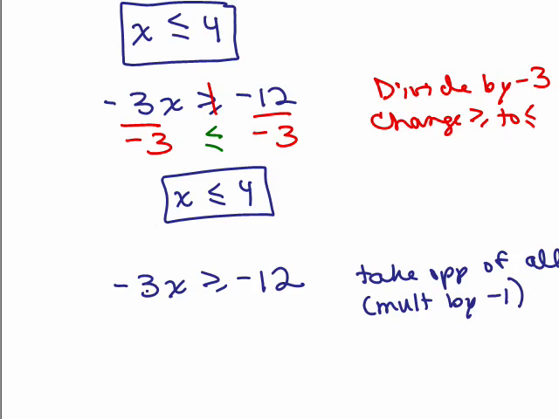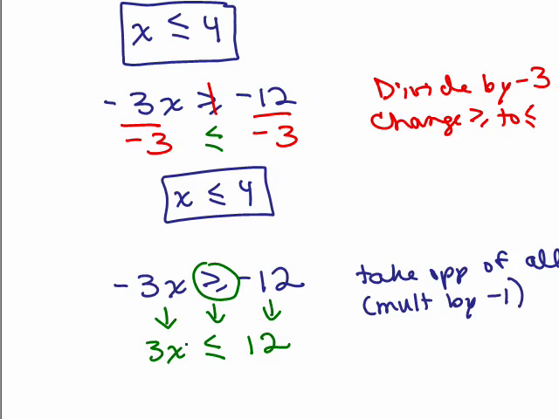Anytime you have a negative number in front of the variable, you could use this technique, but at the same time, you also take the opposite of the symbol. So instead of negative 3x, you get 3x. The opposite of greater than or equal is less than or equal, and the opposite of negative 12 is 12. I'm using this opposite loosely, but basically I'm changing the symbols.